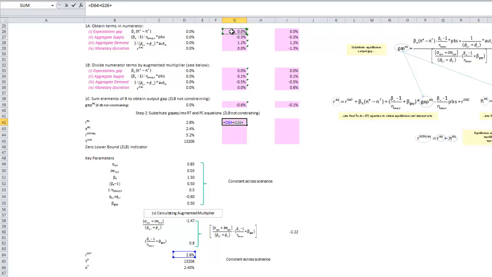Now here I'm going to be very generous with parentheses just to make sure that I've separated things off. These are familiar terms to us: beta pi minus 1, and then we're going to multiply that times 1 over the elasticity of short-run aggregate supply with respect to the price level, and then we're going to add on the response to the gap.